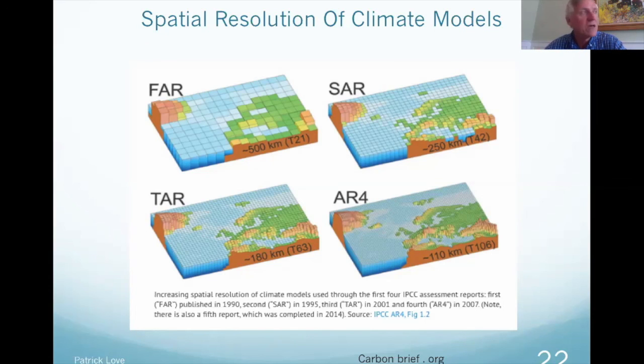This just shows that because of the increases in the ability of supercomputers to compute, we end up with more fine-scale detail in these models as you go from the FAR, the SAR, to the TAR and the AR4.